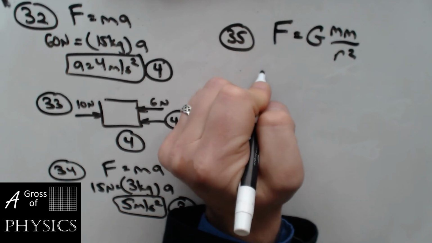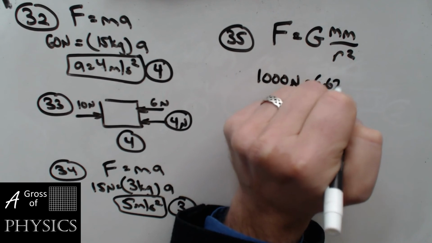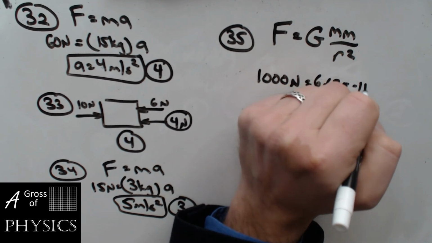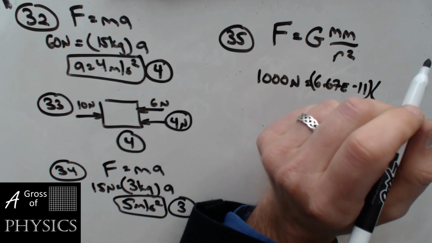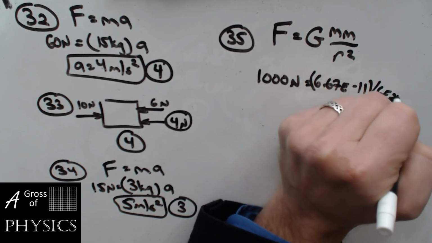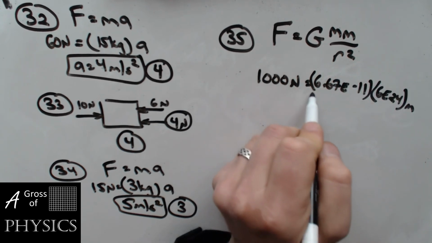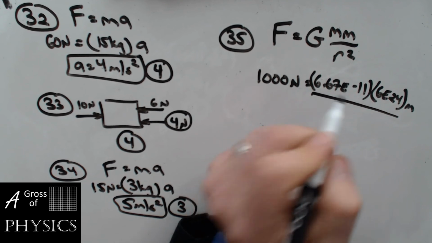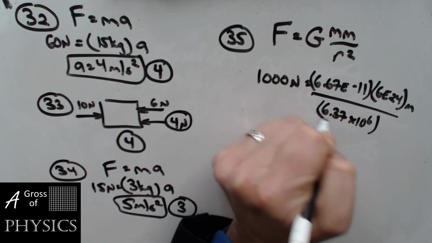I'm just going to use the first data point, 1,000 newtons, 6.67 e negative 11, mass of the Earth on the reference table, 6e24 times m over, and for the first data point, it's 6.37 times 10 to the 6 squared.